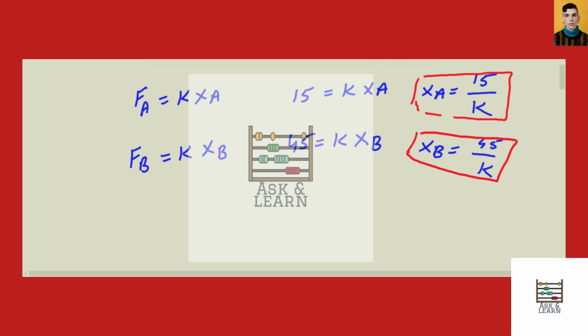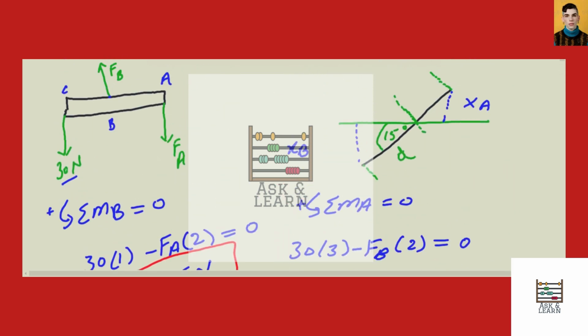And we need to find the stiffness of the springs. From the geometry, this is 45 divided by the stiffness, and this is 15 divided by the stiffness. From this geometry we need to find this d here.